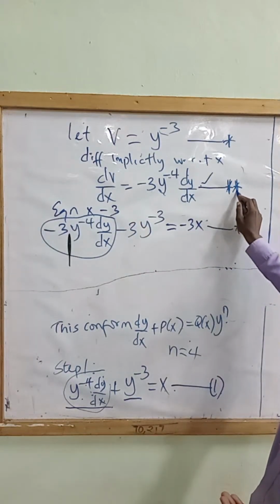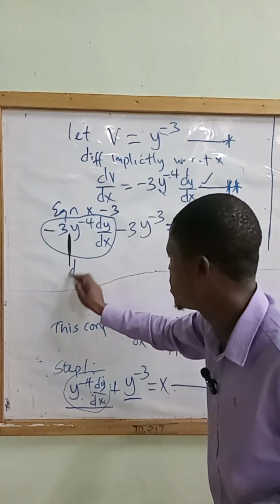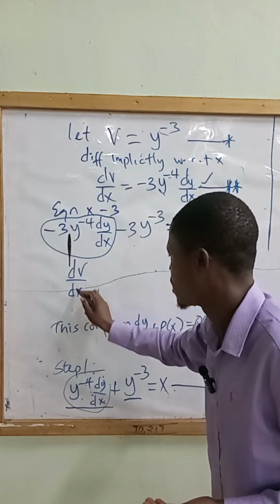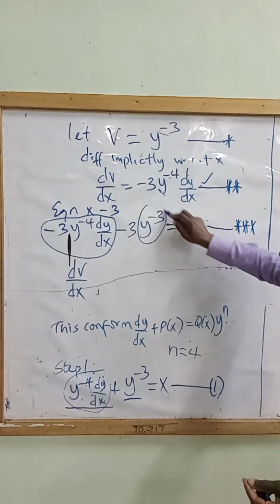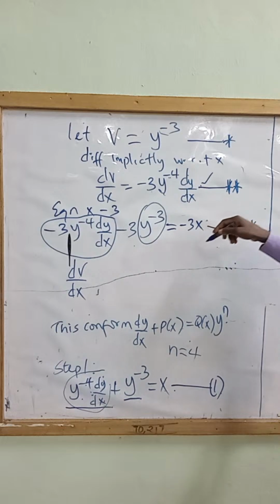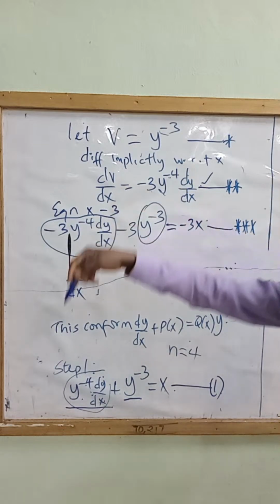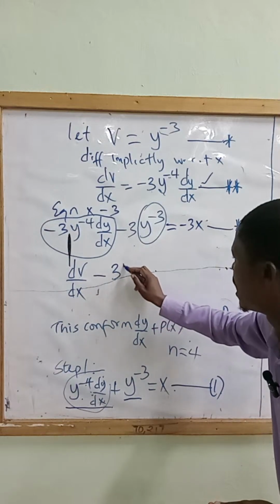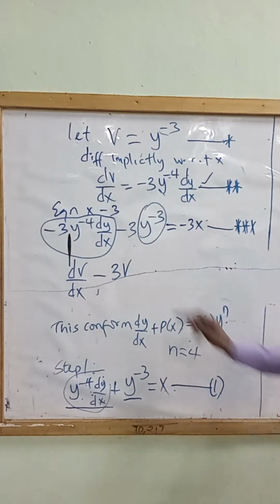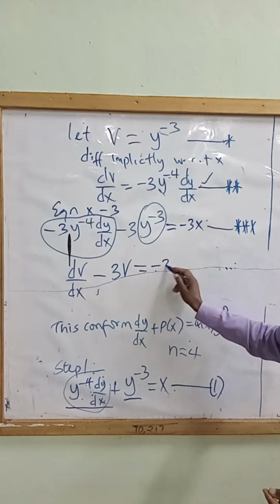That's asterisk 2, that will be the v dx. And don't forget your y to power minus 3 is v. So we're going to have minus 3v equal to minus 3x.